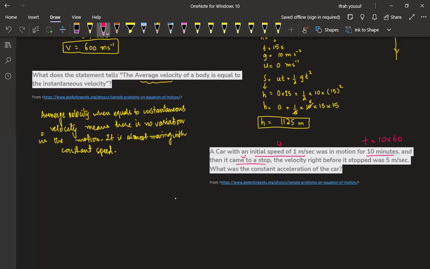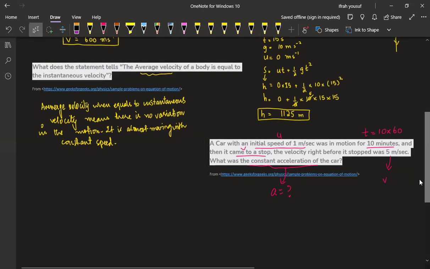That means the final velocity is discussed here, right? The velocity right before it stopped was 5 meters per second. That is also given here. What was the constant acceleration? So we have to find the acceleration here. Is it a piece of cake again? We can apply the same equation of motion.